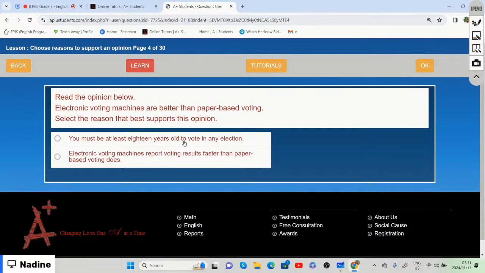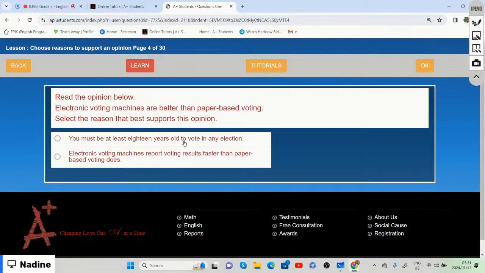So it says electronic voting machines are better than paper-based voting because immediately it will be automated and it will pick up whoever you voted for. All right. So electronic voting machines are better than paper-based voting.